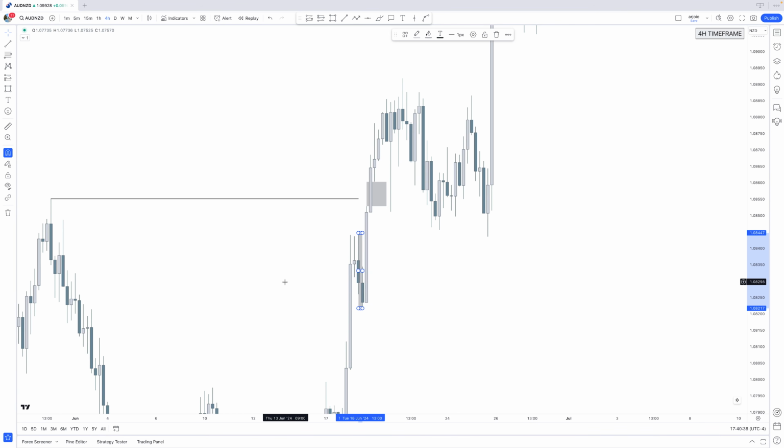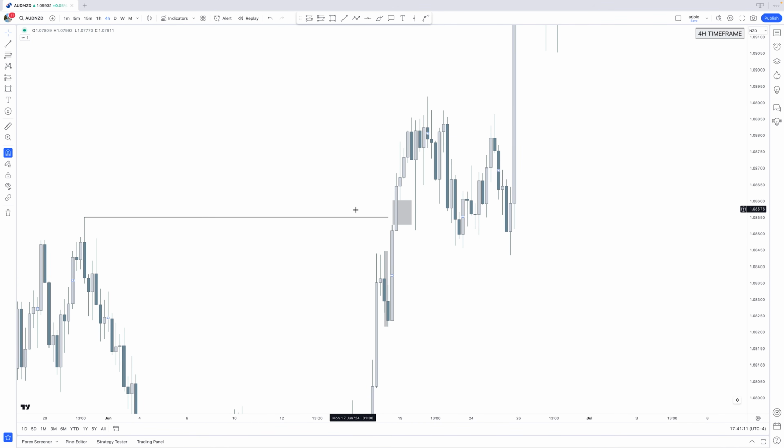Those nested fair value areas, you will find them just below the original fair value area sitting right there. Now, what price tends to do if it struggles with that first fair value area right there, and we create a bigger retracement, we could see a continuation higher potentially from the nested fair value area right there in combination with the fair value gap with the bigger fair value area as well.